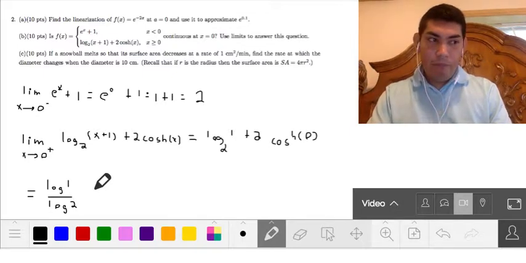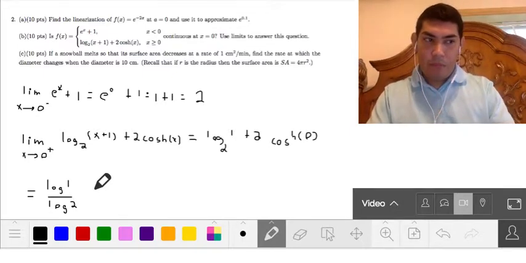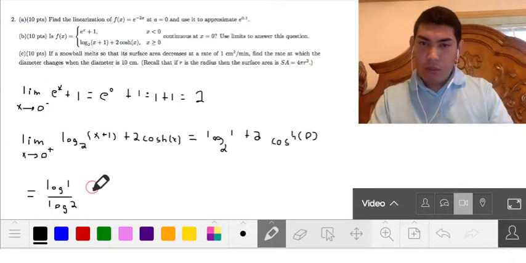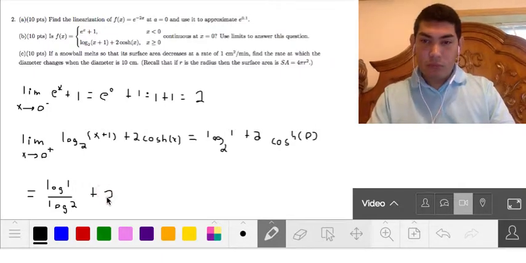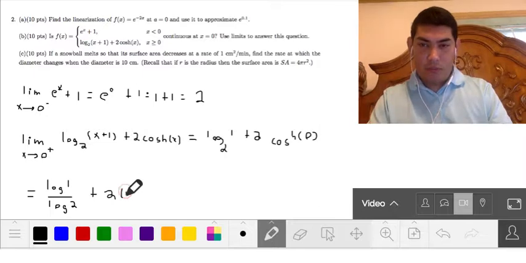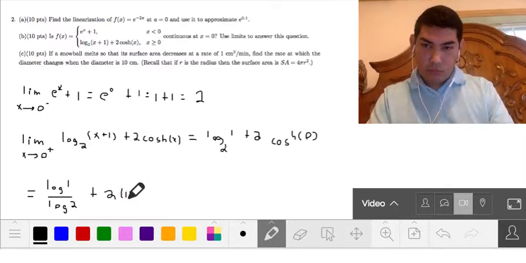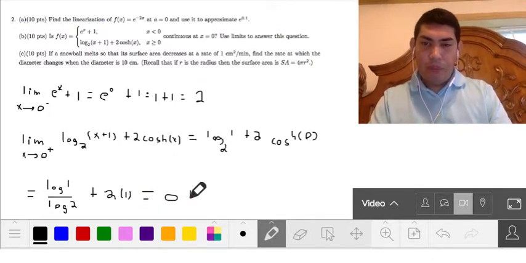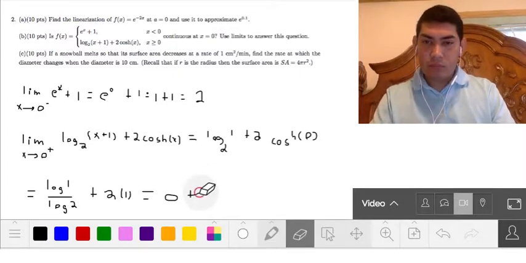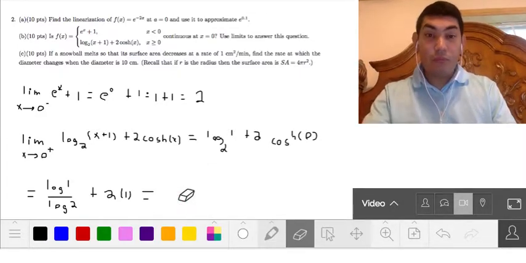So if we look at the hyperbolic cosine of 0, that's going to be 1. So we're going to have 2 times 1. Therefore, 0 plus 2 will equal 2.